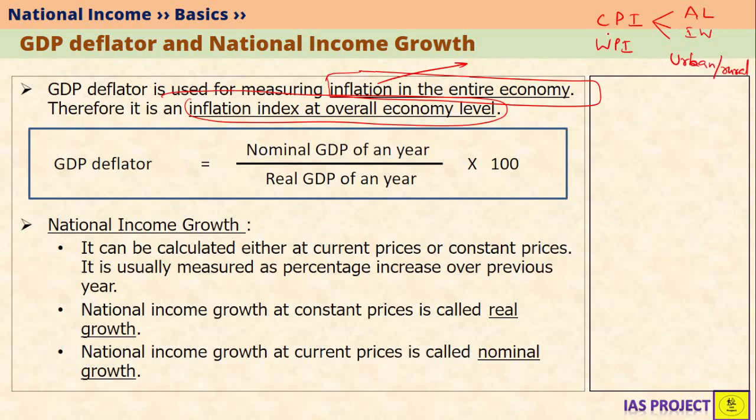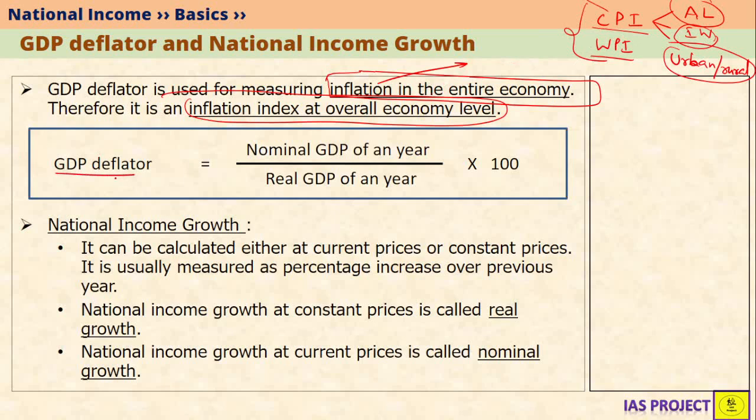However, all these measurements only capture certain aspects and certain area of inflation within the economy. However, GDP deflator measures inflation for entire economy. So this is where GDP deflator differs from other indices that measure inflation. We will talk about all these in a separate chapter for inflation.